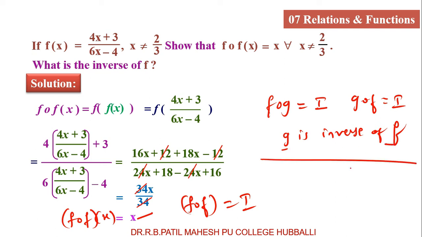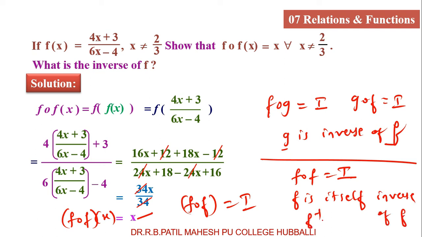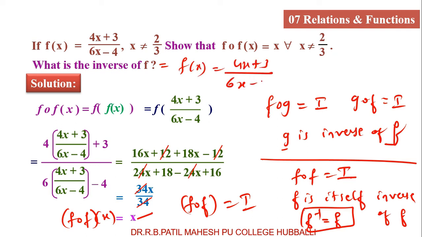Now I will ask you, f composition f is an identity function, so which one is the inverse of the function f? f is itself the inverse of f. Hence f inverse is equal to f itself. The question: what is the inverse of f? The inverse of f is the function itself, that is (4x plus 3) upon (6x minus 4).